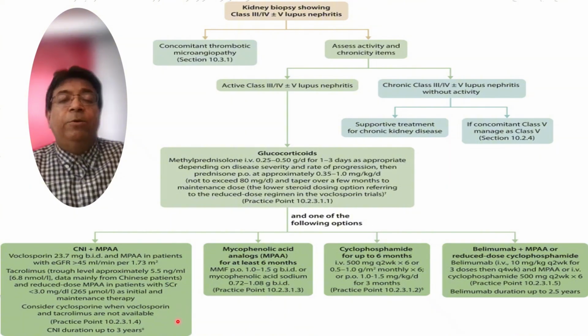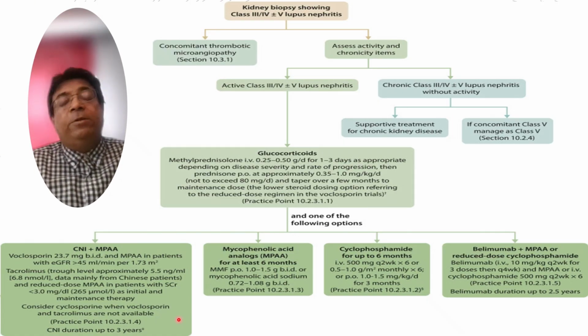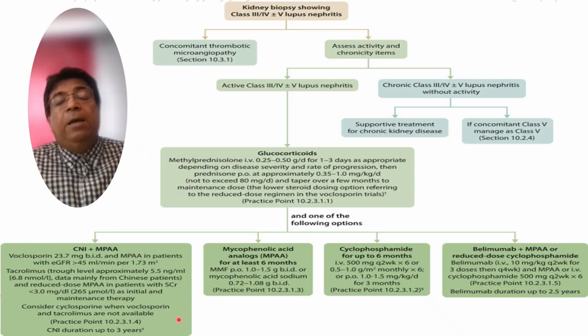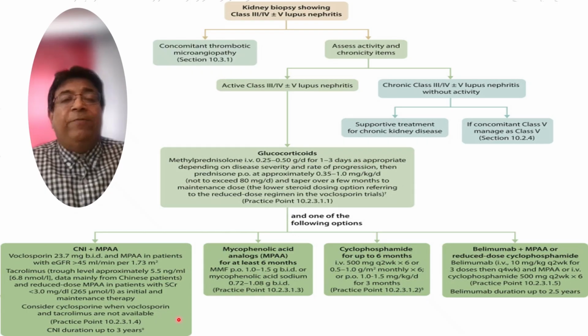The option that I use most often is mycophenolate and calcineurin inhibitor. And the calcineurin inhibitor that we use is voclosporin, although you can use tacrolimus or cyclosporin. But tacrolimus and cyclosporin have a narrow therapeutic index, so you have to maintain that trough within a narrow range. So you have to periodically check the tacrolimus or cyclosporin troughs. Voclosporin doesn't need monitoring of levels.